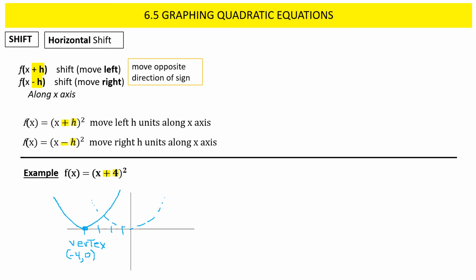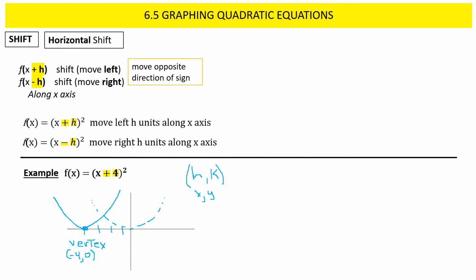So my vertex is negative 4, 0. Now remember, we said h and k. H and k, remember that, is x and y. hk is xy.